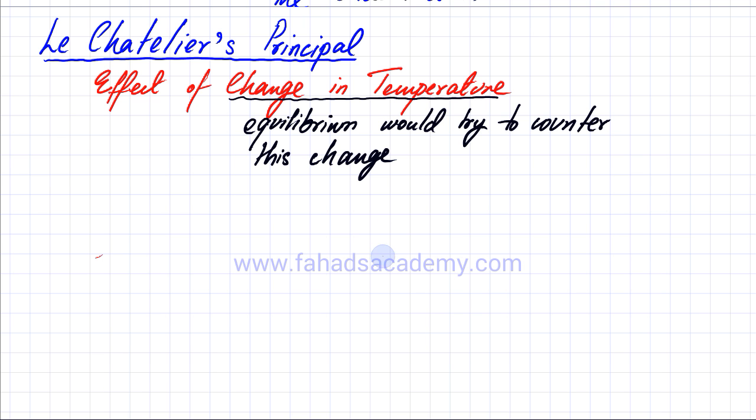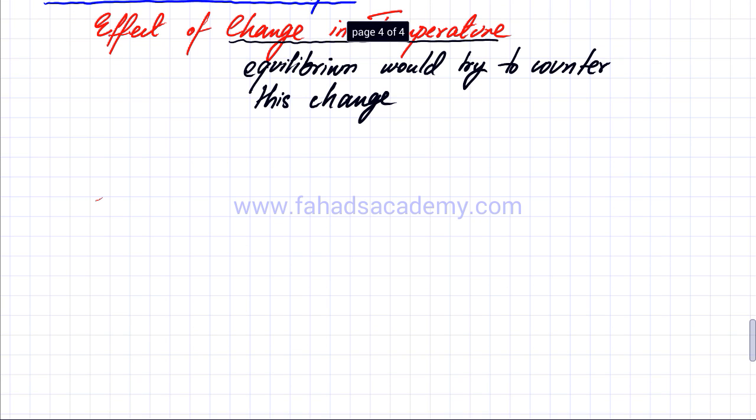Now, to understand why this happens, we're going to take an example and study the same example: water evaporating and condensing in a closed container. Let's say I have a container. This is a closed container.